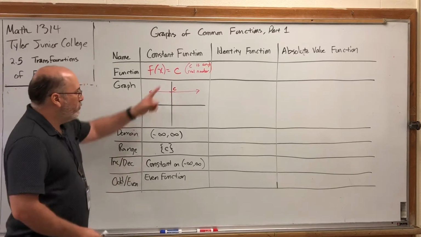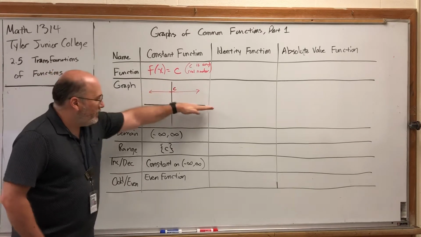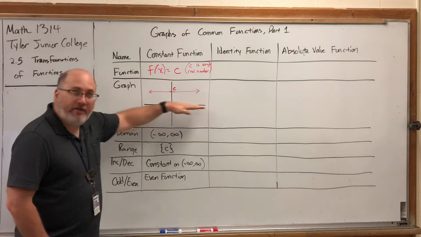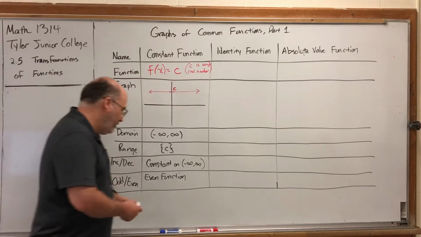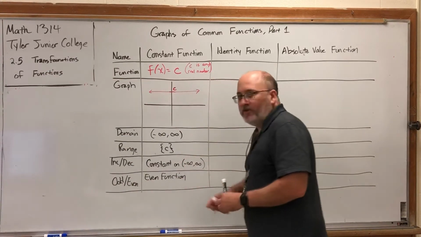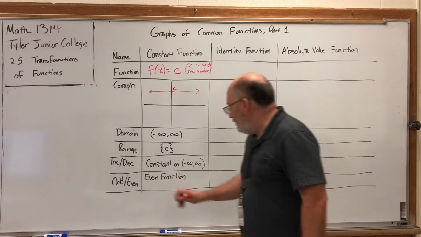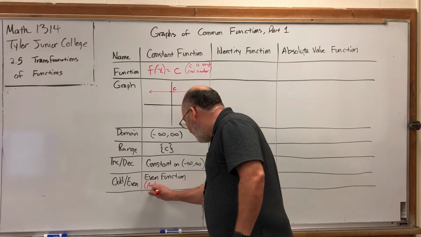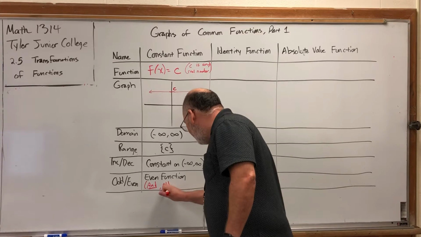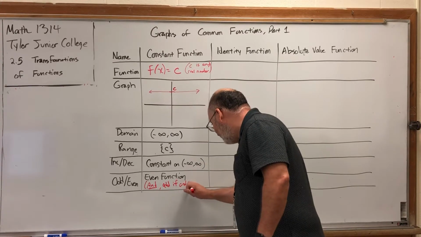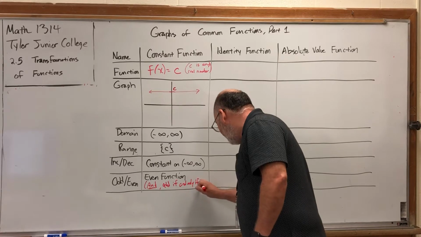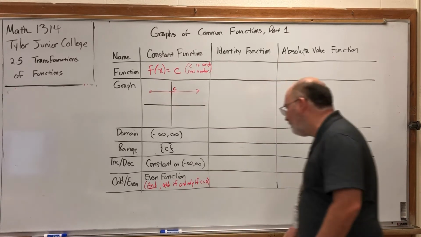If the constant were 0, then the graph would be on the x-axis, and if we turned it upside down, it would land on top of itself. So there is a rare exception where this is even and odd, and it's odd if, and only if, the constant is equal to 0.